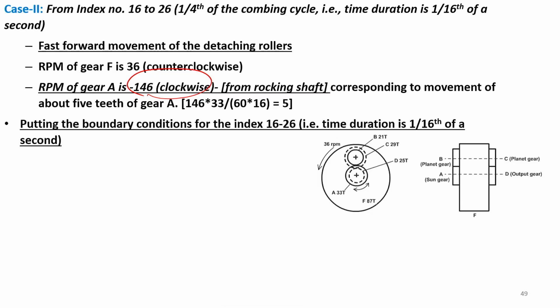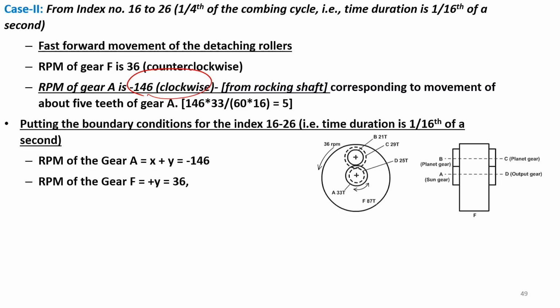And if you use the boundary condition 16 to 26 index number, 1/16th second time, RPM of gear A, x plus y, equals minus 146. So, y is fixed, that is arm 36, x will be minus 182.